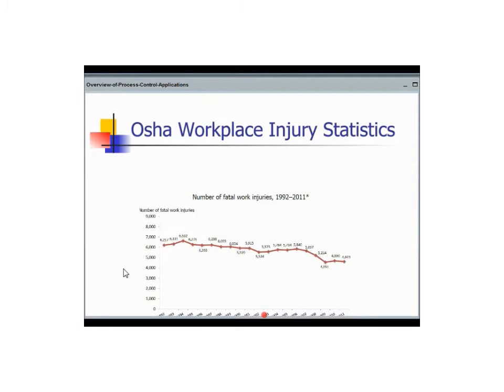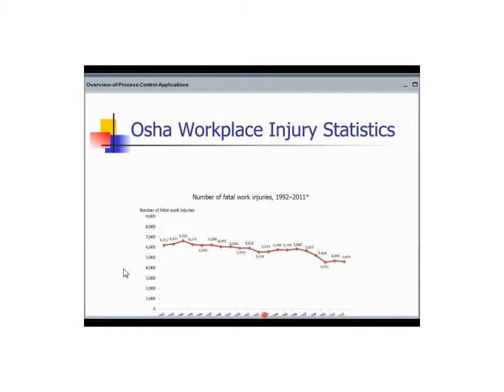This graph was put forth by OSHA, which stands for Occupational Safety and Health Administration, and it put in regulations and controls to reduce workplace injuries.